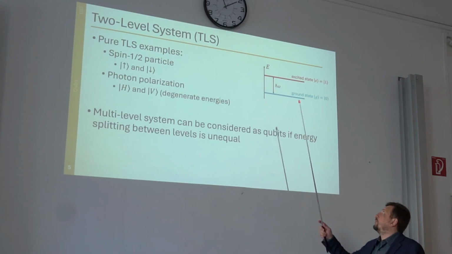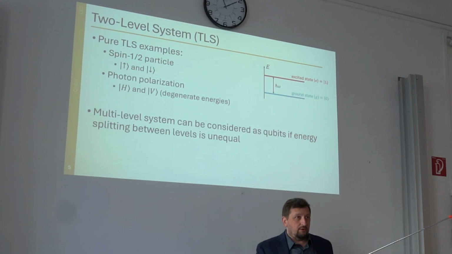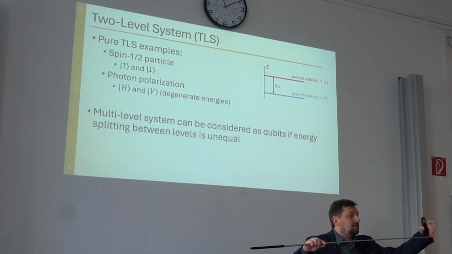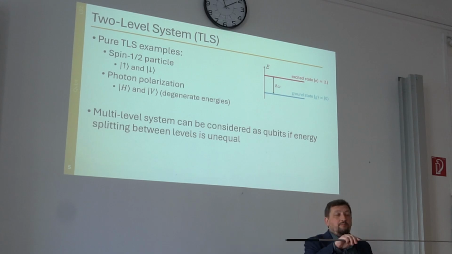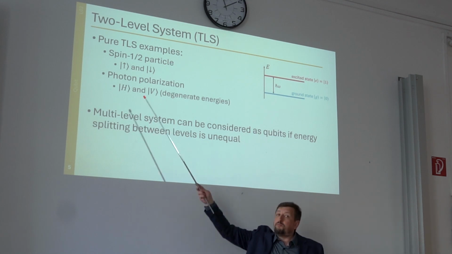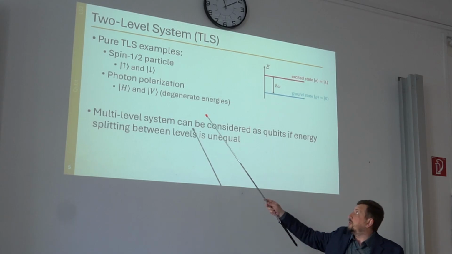Another example of a system with two discrete levels is the polarization of a photon. When a photon propagates, the electric field must oscillate perpendicular to the direction of propagation. So for a photon propagating in this direction, the electric field can oscillate either in the horizontal plane, so this is horizontal polarization, or in the vertical plane, vertical polarization.